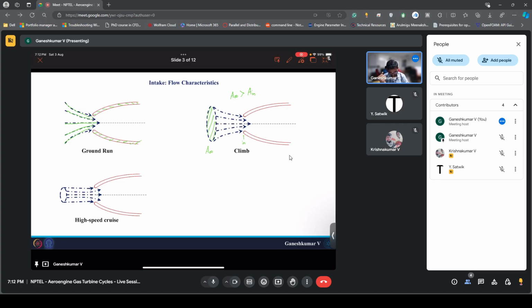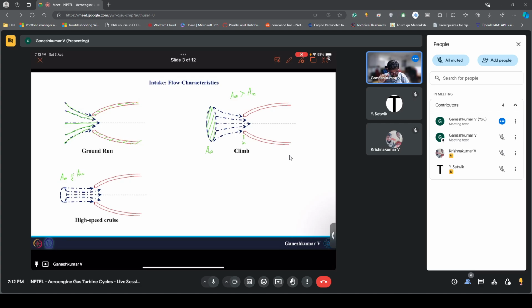During this cruise condition, your A infinity will be almost equal to A in, a little bit less. So this stream tube keeps on shrinking on the other side. This is how the intake will be.